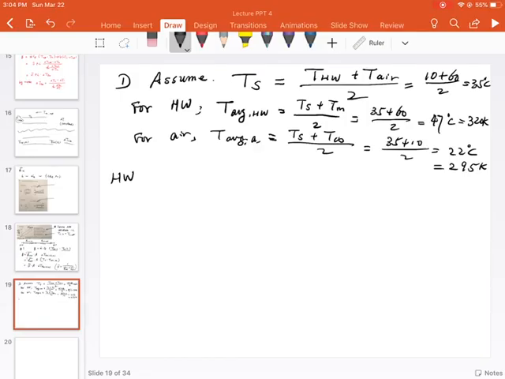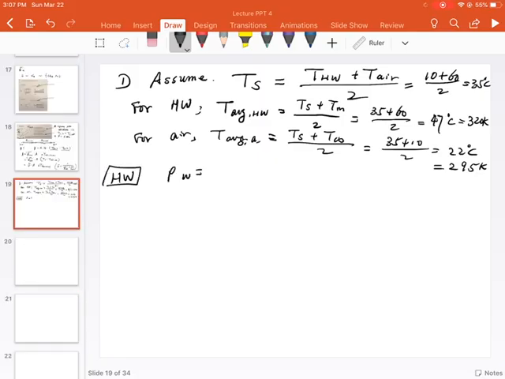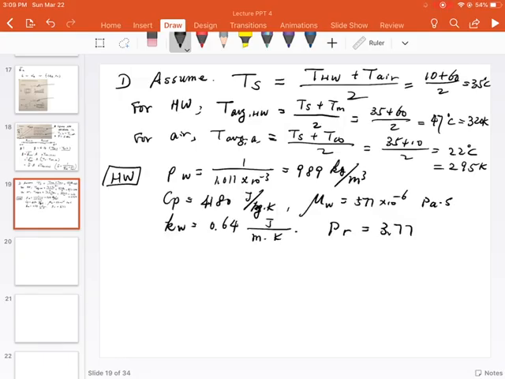For the hot water side, the density is 1 over the number that you get from the table, that is 989 kilogram per cubic meter. And then you can calculate the Reynolds number of the water inside the pipe, that is 686.